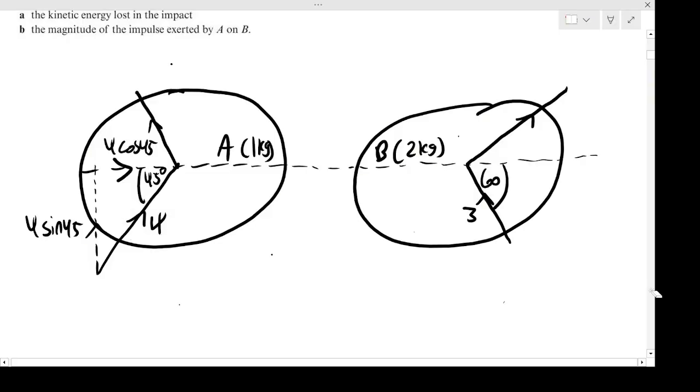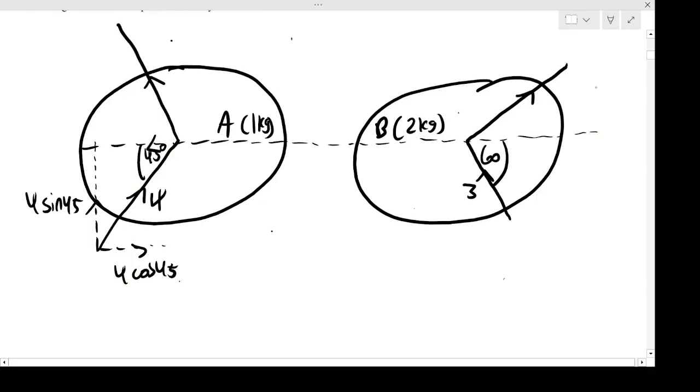Hopefully happy with that. Now what I'm going to do instead is move this component. I'm going to write it down here, so down here of 4 cos 45. You're going to see why I'm going to do that in a second. I'm just going to move that part down here out of the way. Okay, so those are my two components. Now, as for after the collision, I've extended this a little bit. After the collision, obviously the speed will look like that.